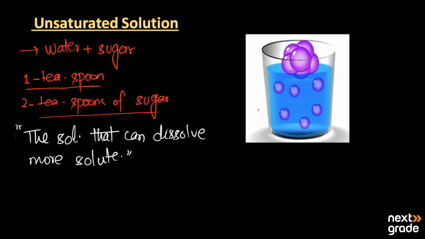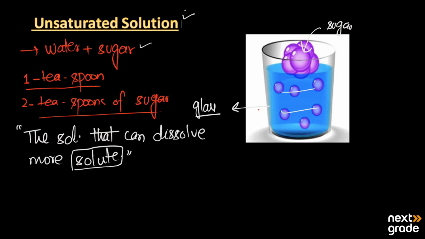For example, we have this glass filled with water, and we add sugar to it. It gets dissolved. With 2 to 3 spoons of sugar, it still has more capacity to dissolve solute, so we can call that solution an unsaturated solution.